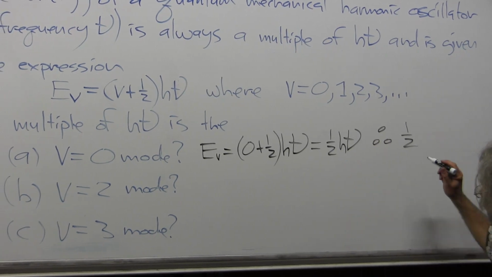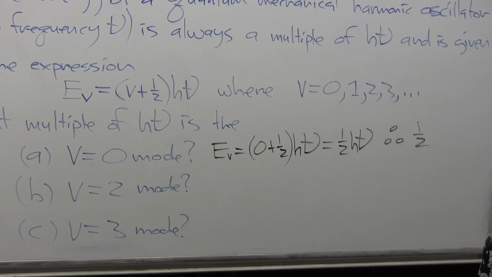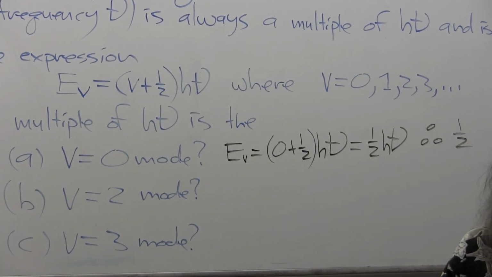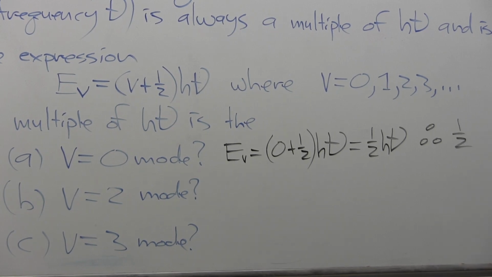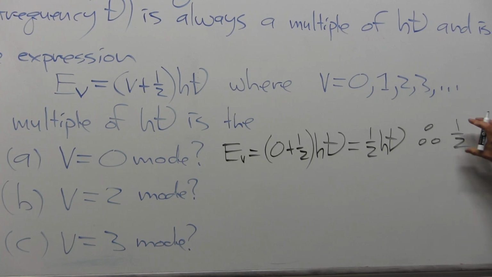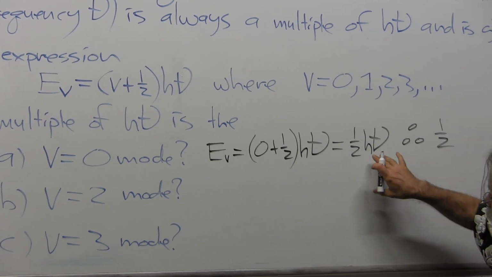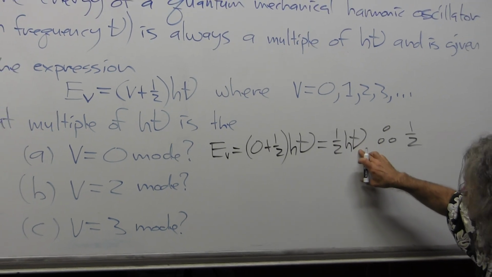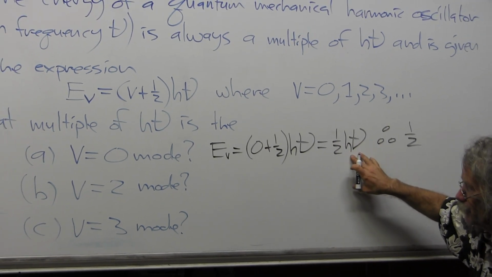And this corresponds to the zero-point energy for the fundamental mode of vibration. So this is not 0. This is going to be a non-zero energy, which depends upon the frequency, but it's non-zero.